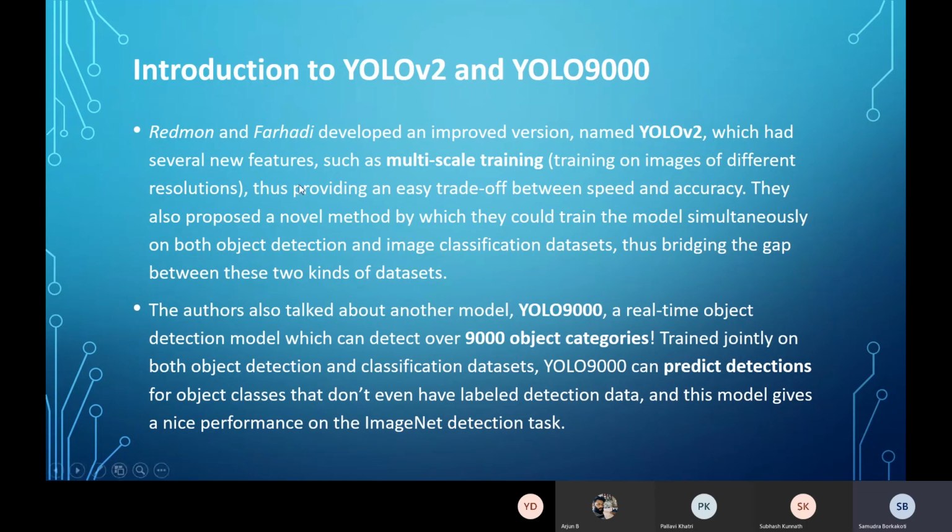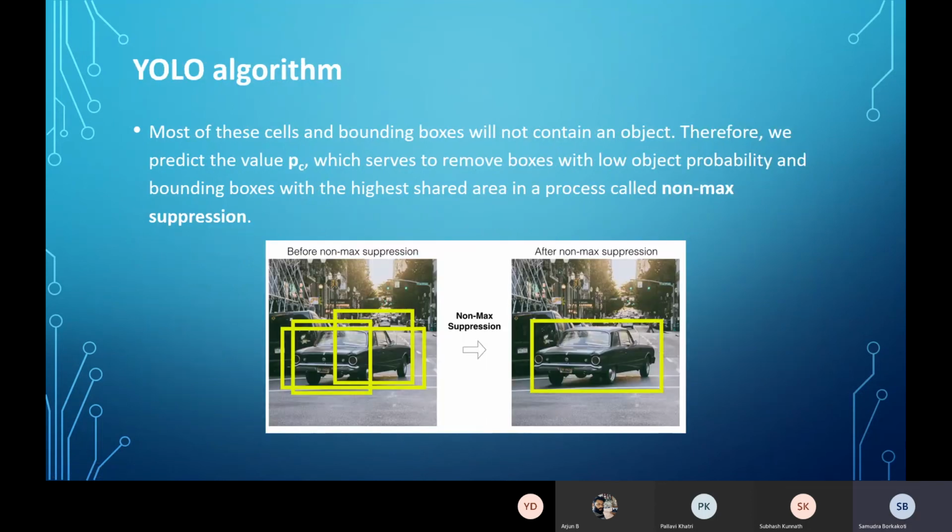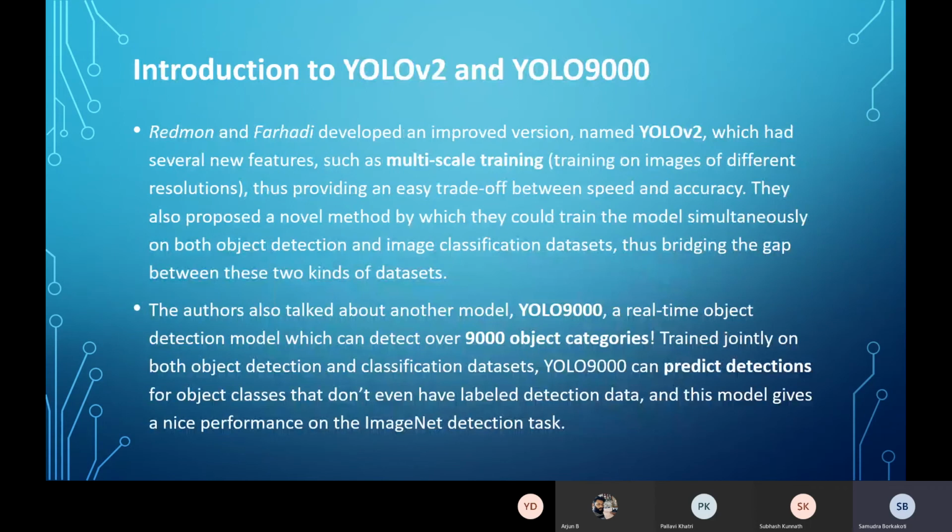It was mostly Joseph Redmon, and later, to improve the shortcomings, Redmon and Farhadi developed YOLO, the second version, together, which had multi-scale training, basically training on images of multiple resolutions. It was much faster and much more accurate compared to the previous version.